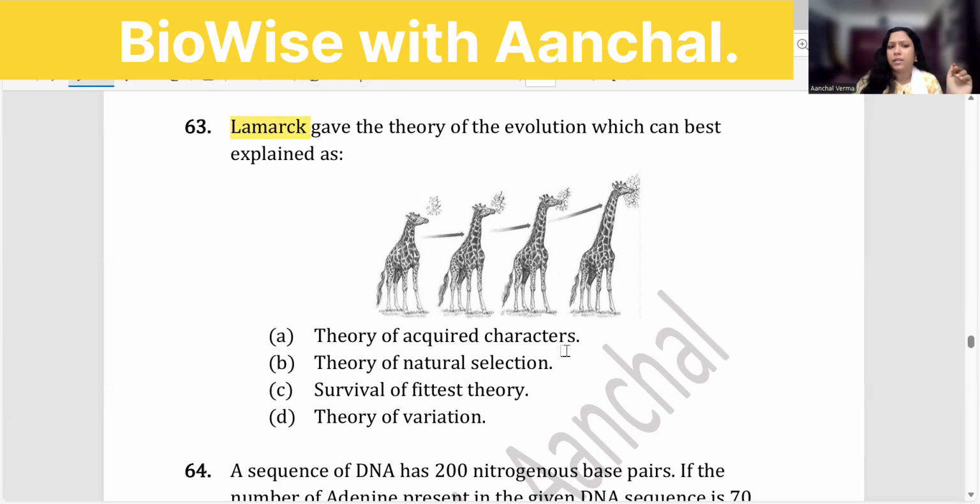Theory of acquired character, theory of natural selection, survival of the fittest, theory of variation. So it is theory of acquired character. In the lifetime, whatever characteristics they acquire, they pass on to the next generation, which will be beneficial for the organism. But this is not accepted. Charles Darwin's theory of natural selection, survival of the fittest, is the same as Darwinism.